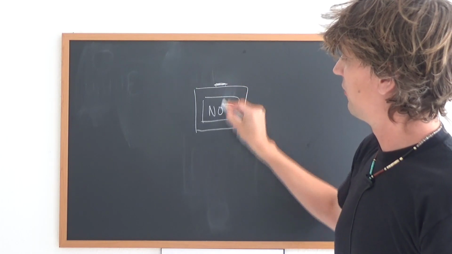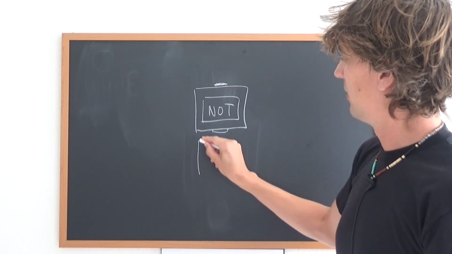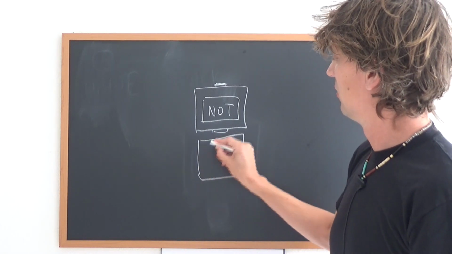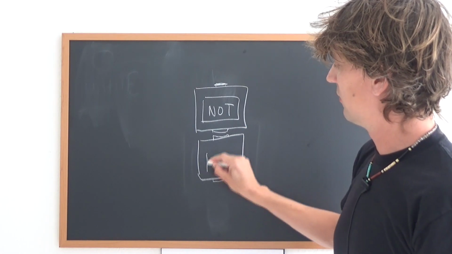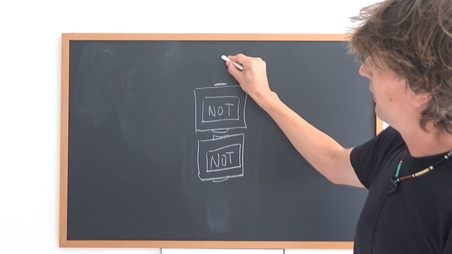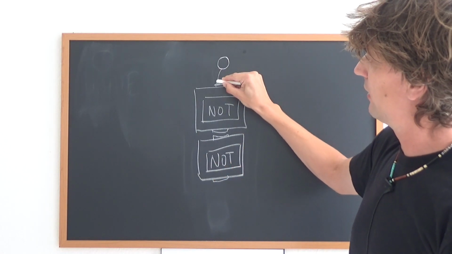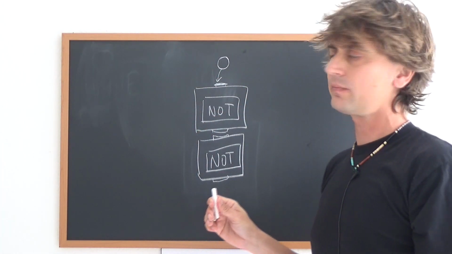It's got a hole in the top and a hole in the bottom. And then not box number two, which also has a hole in the top and a hole in the bottom. And I'm going to drop, let's say, a white ball into the top of the first not box.